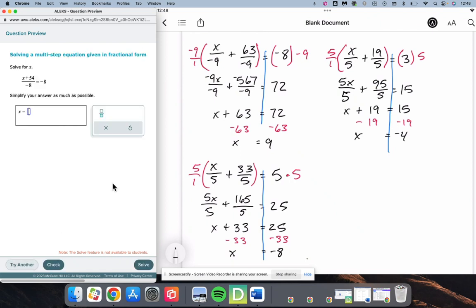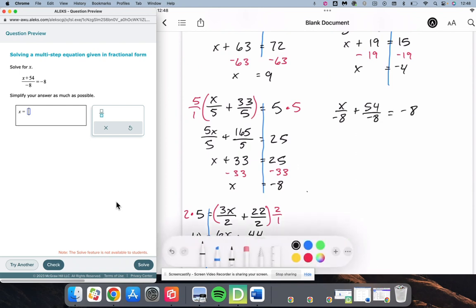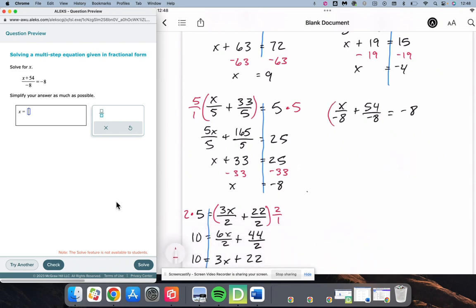And we'll do one more. We have x over negative 8 plus 54 over negative 8 is equal to negative 8. We'll multiply both sides by negative 8.